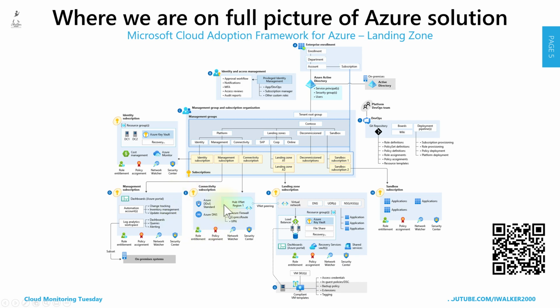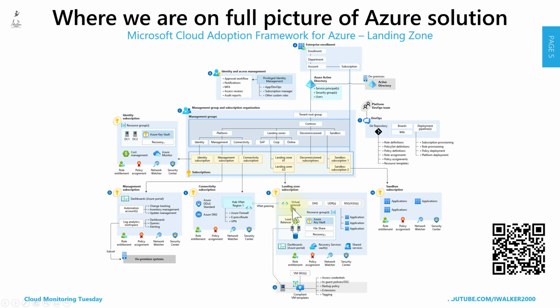When you need to build a connectivity subscription, you can build a hub inside, etc. You can create an additional subscription, build your virtual WAN, or build your hub and spoke solution that you need, and control it also by the management group. And of course you can build one or many log analytics workspaces as it's required by your strategy in the centralized management subscription that will be accessible only for, for example, the management and monitoring group.